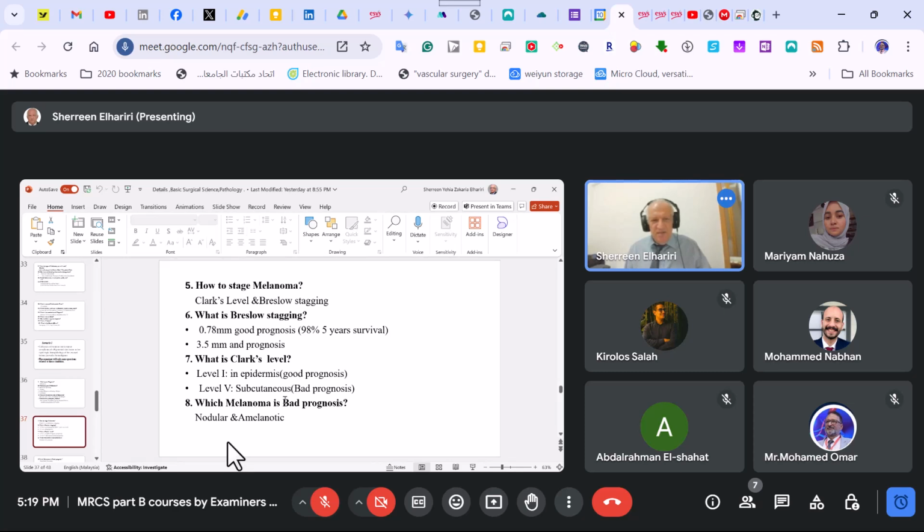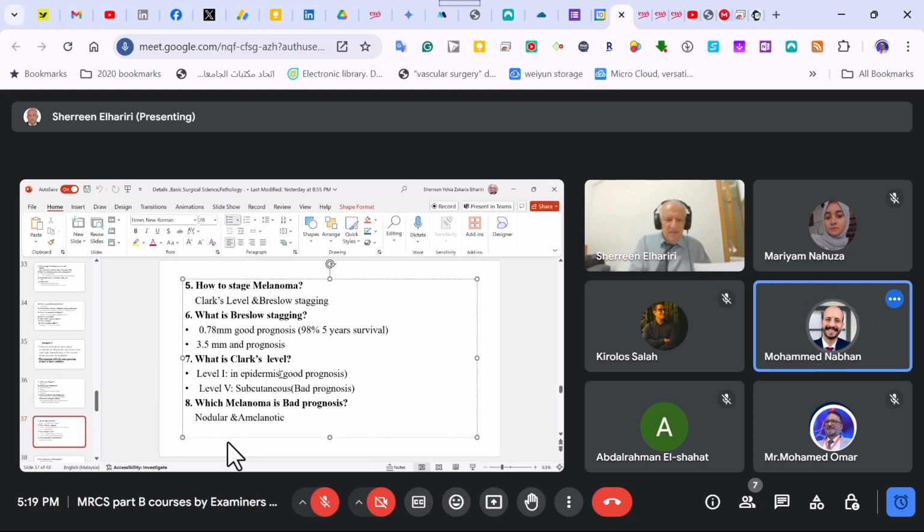So the deeper is 3.5 millimeter, bad prognosis, and the good prognosis is superficial 0.78 millimeter, with 98% 5-year survival. Clark level is 5 levels. What is level 1? What is level 2? I think level 1 is a good prognosis, and level 5 is a bad prognosis. Yeah, level 1 is in epidermis and level 5 in subcutaneous.